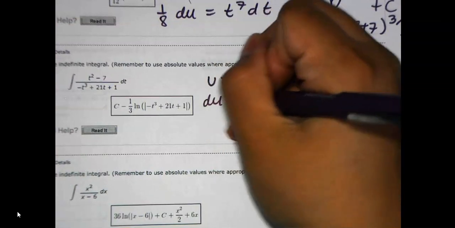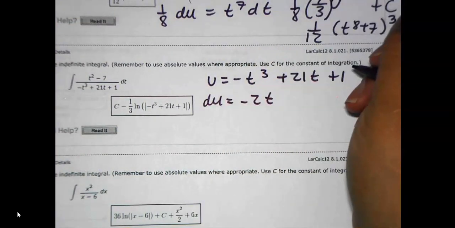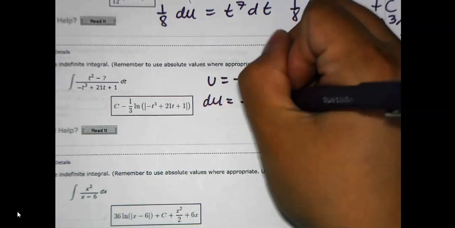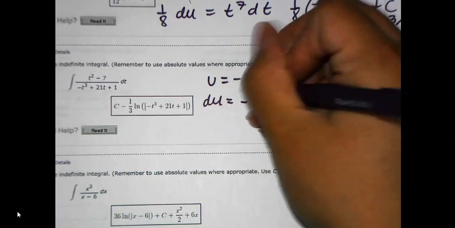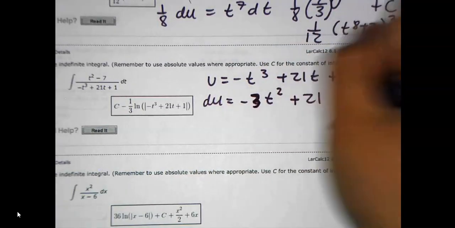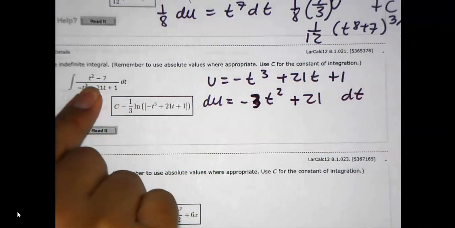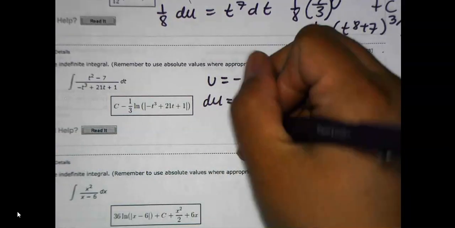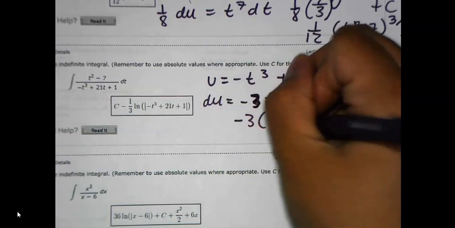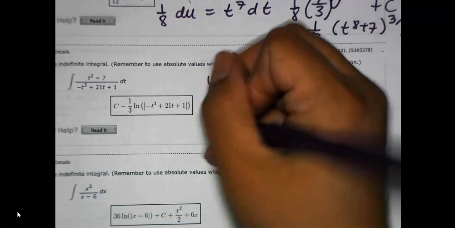Okay, let's see. On the numerator, we have t squared minus 7. Here, I can subtract out of that.